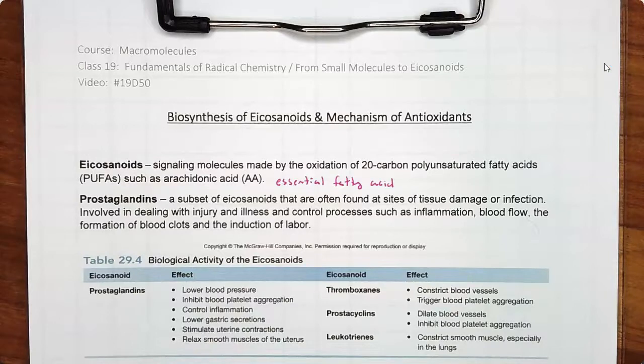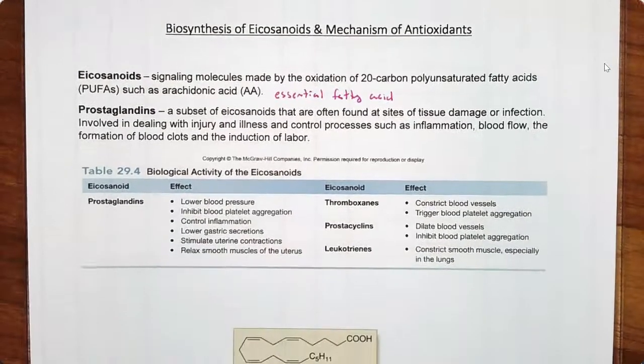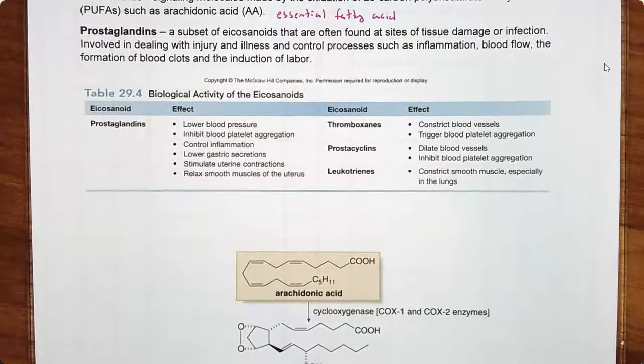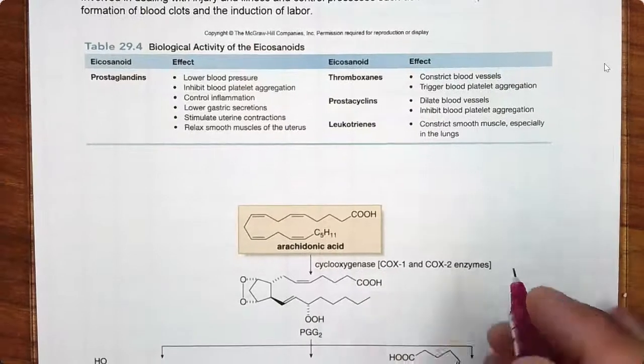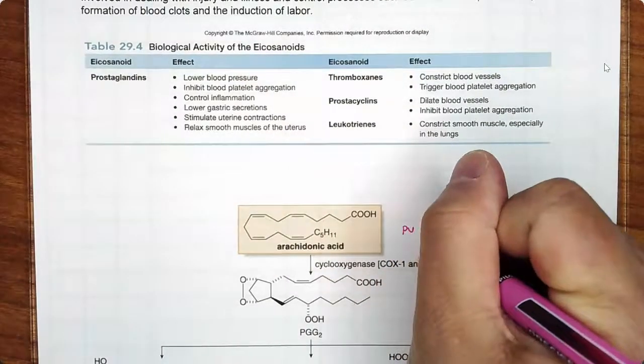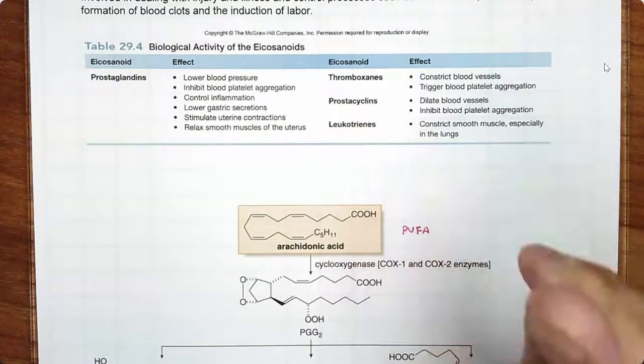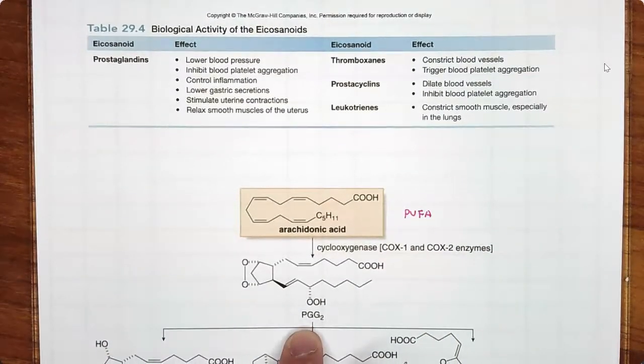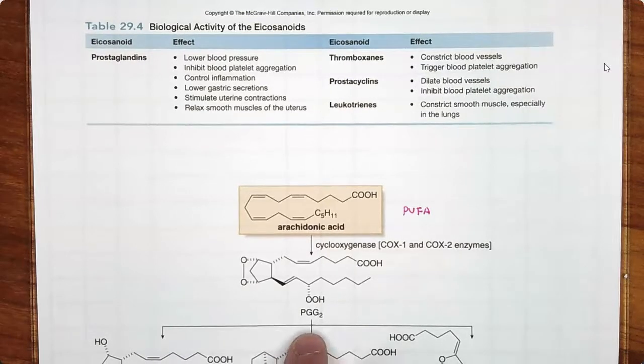So there's a whole class of prostaglandins, and radical mechanisms are involved in the conversion of this fatty acid, arachidonic acid, a polyunsaturated fatty acid, into one of the precursor prostaglandins.